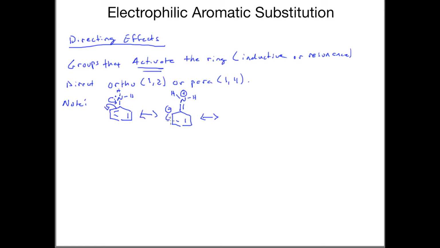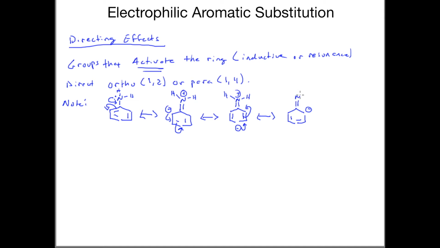And then if I continue to move this around, you'll see that the next spot with the negative charge will now be in the para position, or the number 4 position. And then finally I'm going to move the charges one more time, and what you can see is that the charges are now going to be in the ortho position.